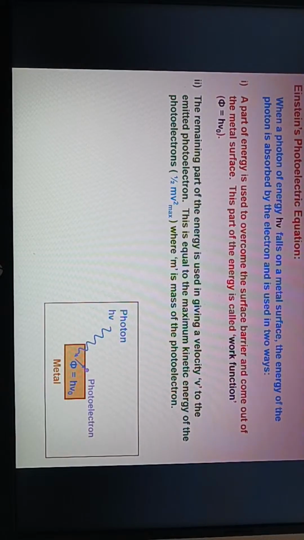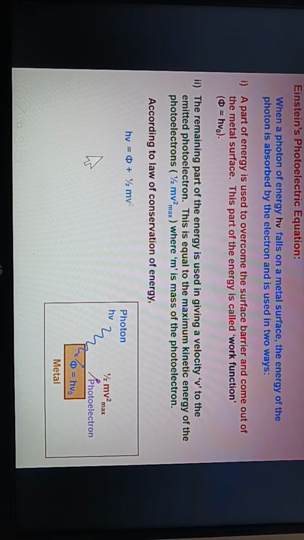Some part of the energy is used to liberate the electron, that is called work function. The remaining energy is used for providing kinetic energy, it is moving out. So what will be the equation? h nu is equal to work function plus kinetic energy. That is only the Einstein equation.